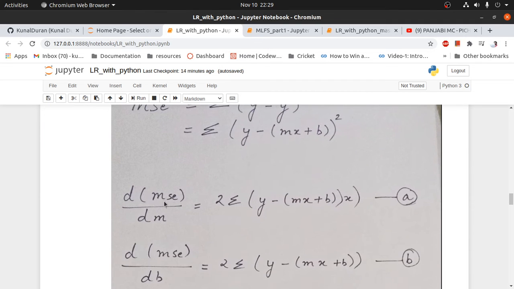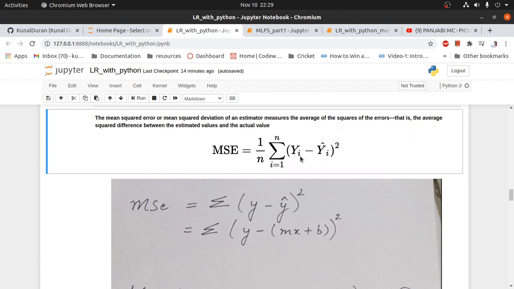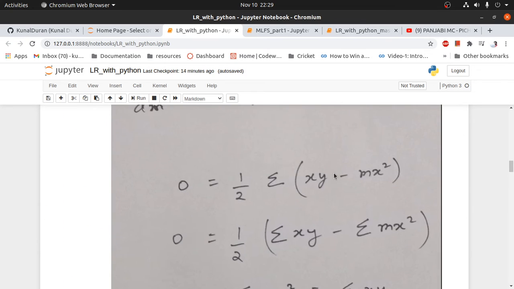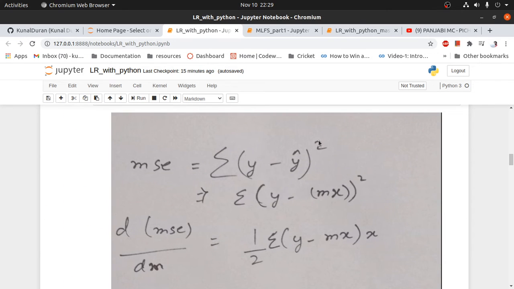First of all we'll differentiate it with respect to m. I think I made a mistake in the last image. Yes, here it is. I mistakenly wrote 1 by 2; it should be 2 into this equation.